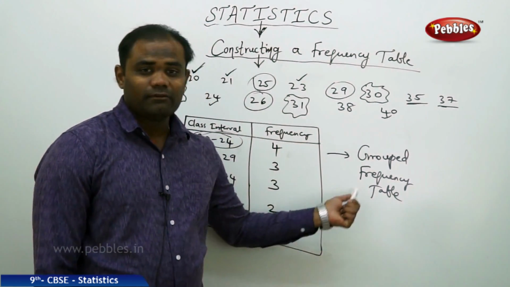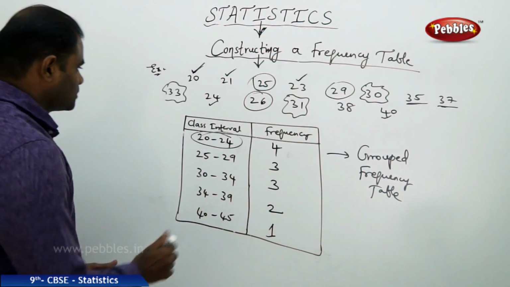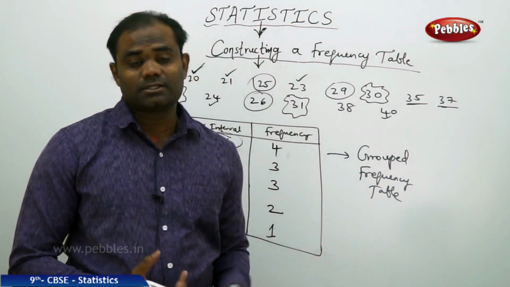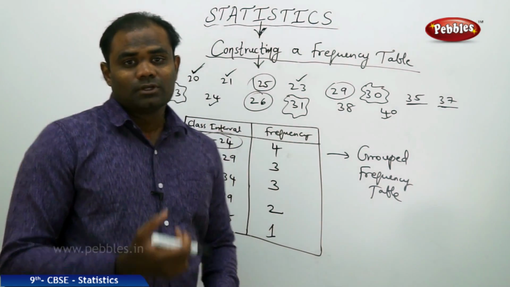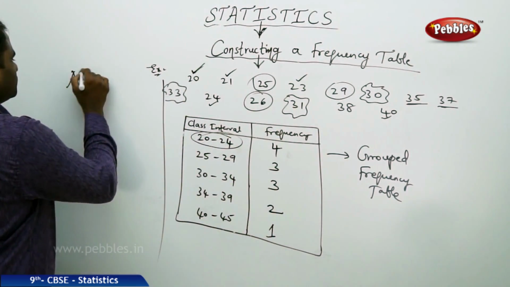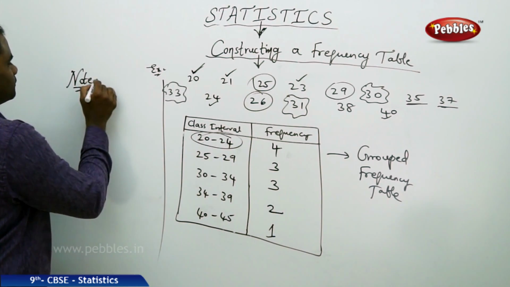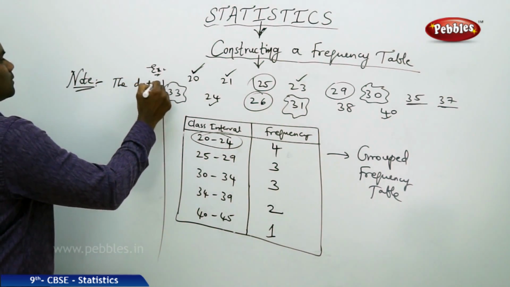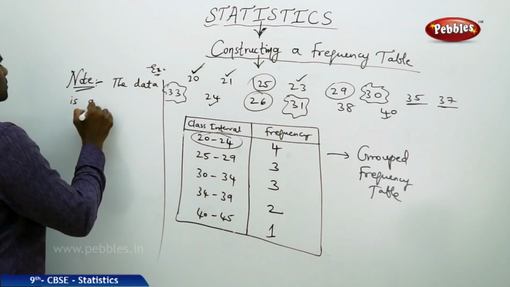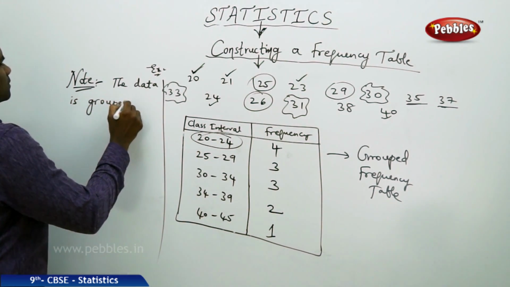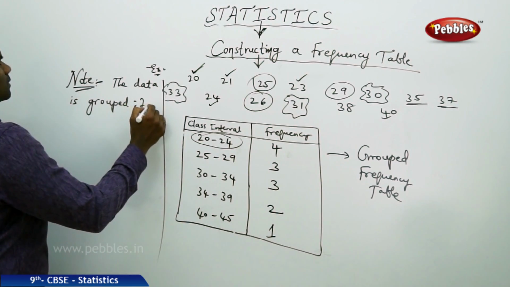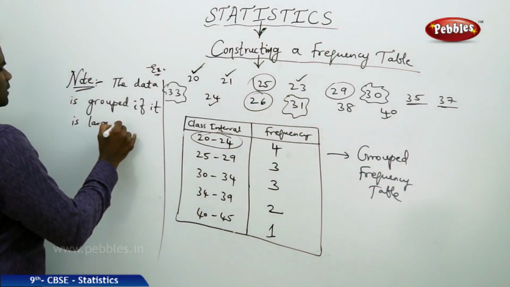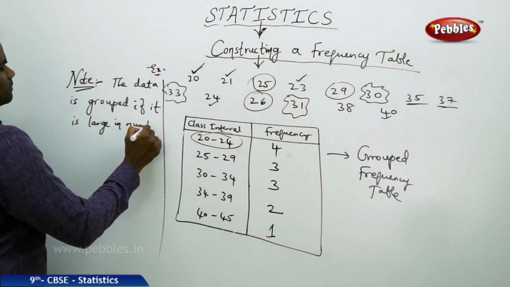So here we make a very important note: when do we group the data and when do we not group the data is the biggest question. The data is grouped if it is large in number.